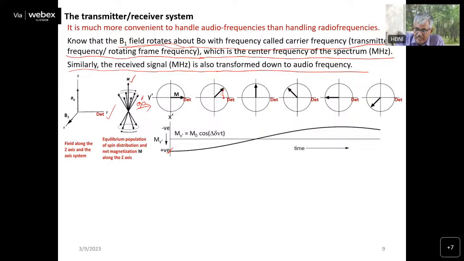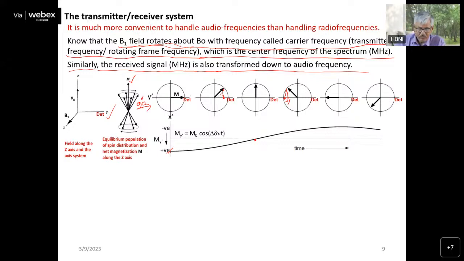So as it is moving, at this point your intensity of signal is 0, because it is along the minus x-axis, and then it will become negative. Because this is in the minus y, it will be projected to minus y. So you will get a negative signal. And then you will keep on doing this.